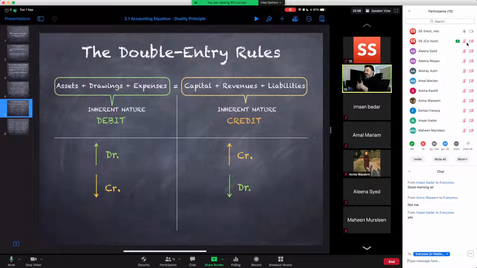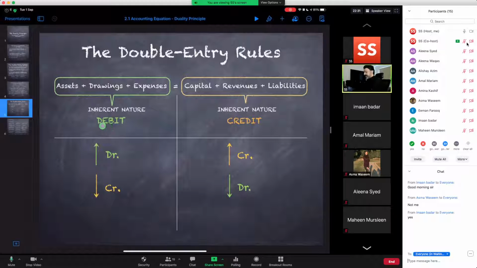So if we have minus 2 and minus 3, they will contribute towards each other and become minus 5. Similarly, if we have plus 2 and plus 6, both quantities are like natured, and that is why they will contribute towards each other and become plus 8. So the same mathematical principle applies here.